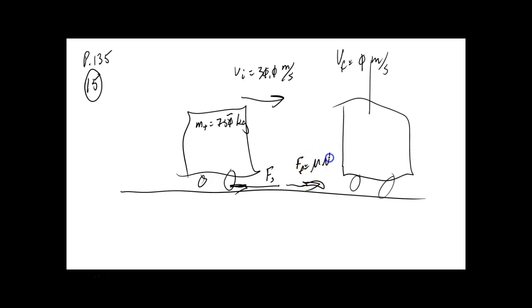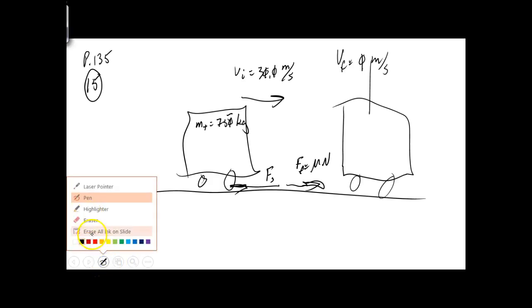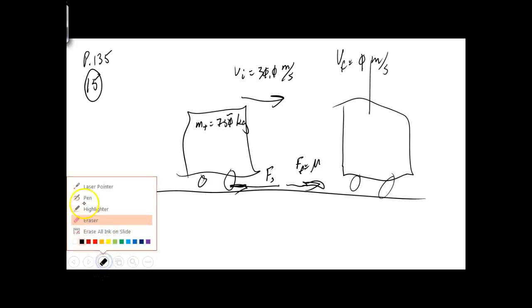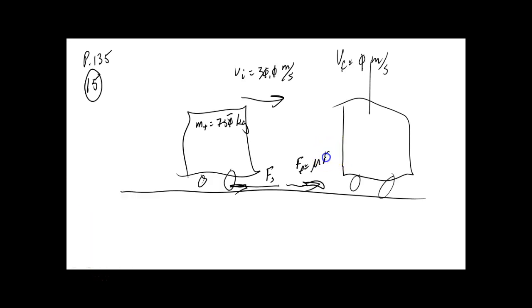And that's going to be mu times your normal force, just like we had. I'm used to calling it N, but this book calls it F sub N. Now they told us mu was 0.500. Now, what is the normal force? The normal force is the force of the road up on the vehicle, right?